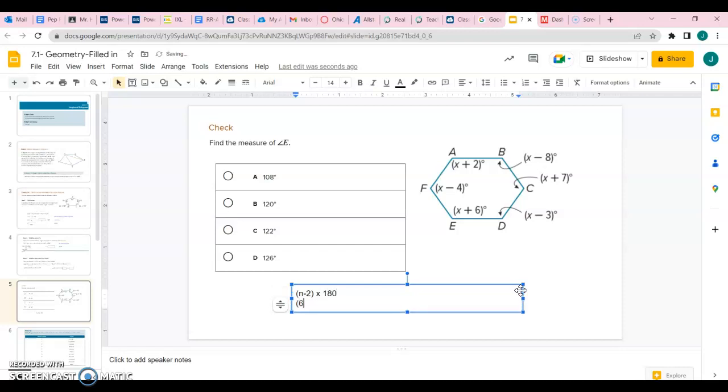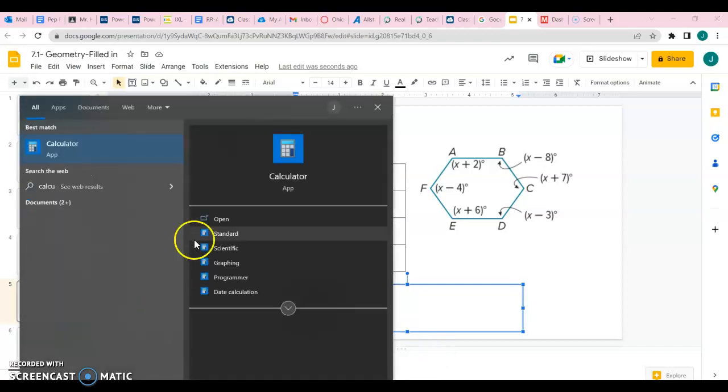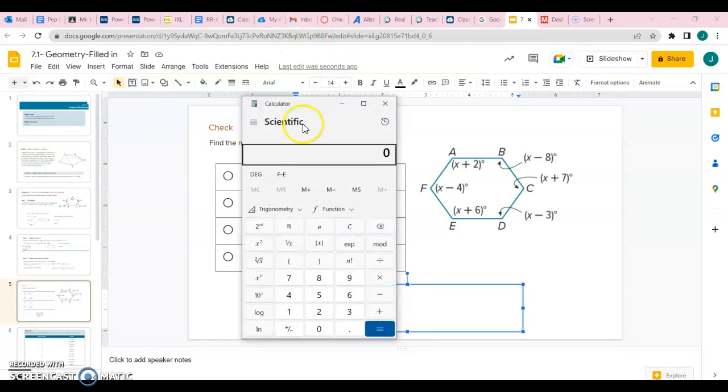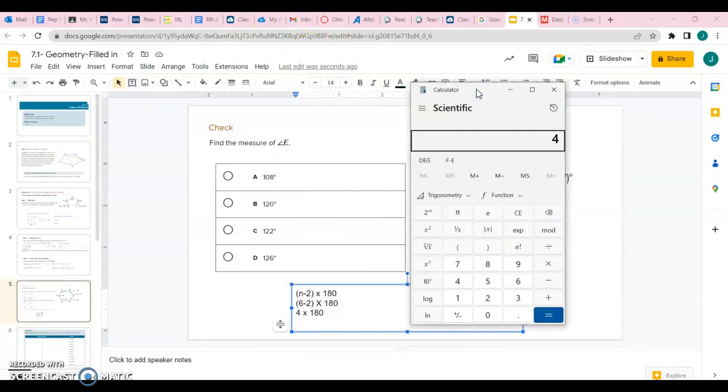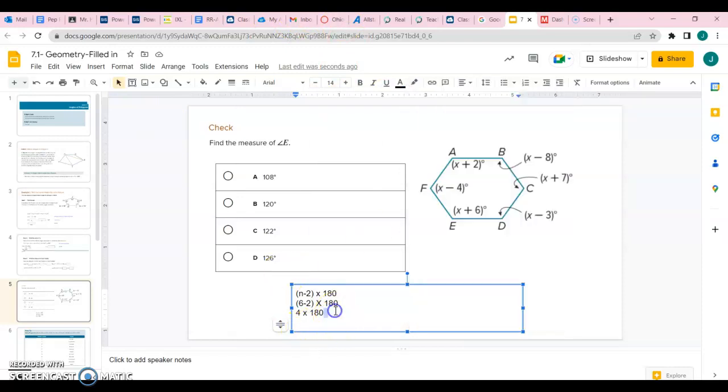There's 6 sides, so 6 minus 2 times 180. 6 minus 2 is 4, so we have 4 times 180. Go ahead and plug it in your calculator. 4 times 180 gives me 720.